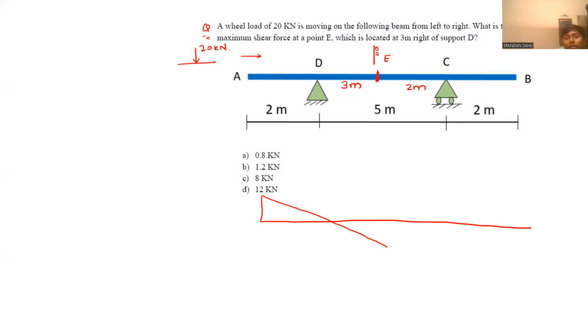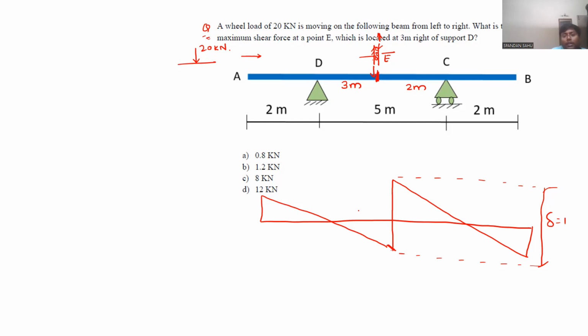Now, from the Muller-Breslau principle we know this should be delta equal to 1.